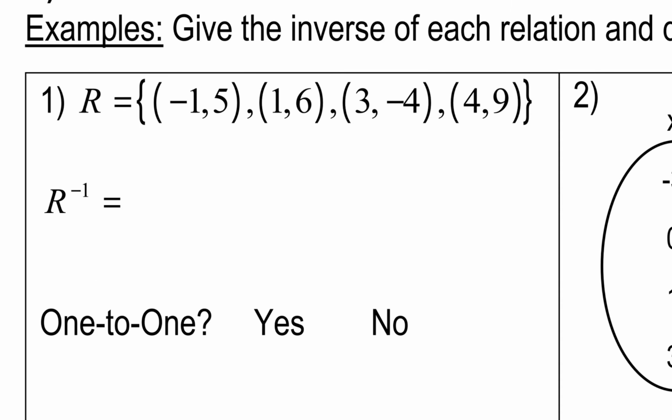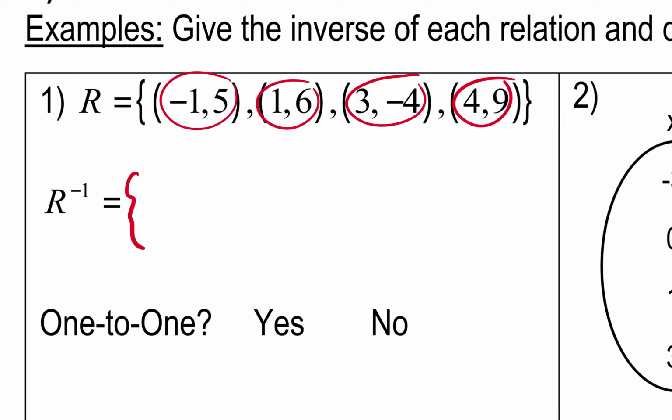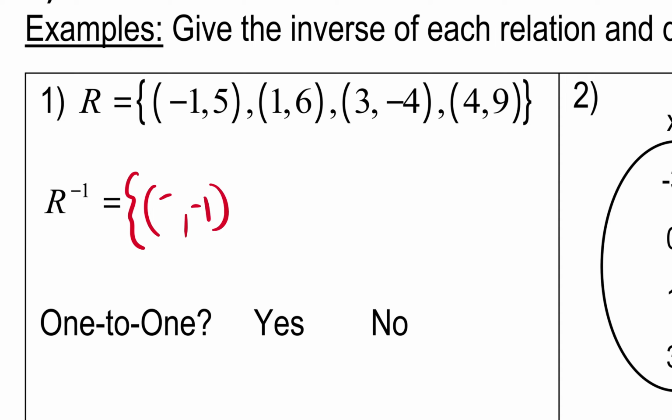Okay, so look at number 1. r equals, and it gives us these 4 points. Now I want the inverse of r, the inverse relation. So I'm going to write the same thing, and all I do is take each of these points and write them backwards, in reverse order. So the first one would be 5, negative 1.